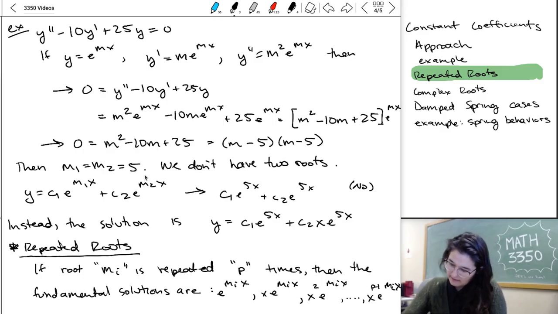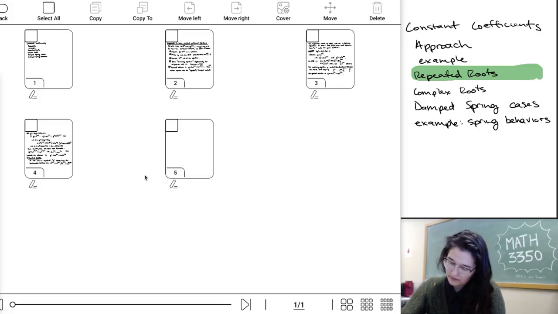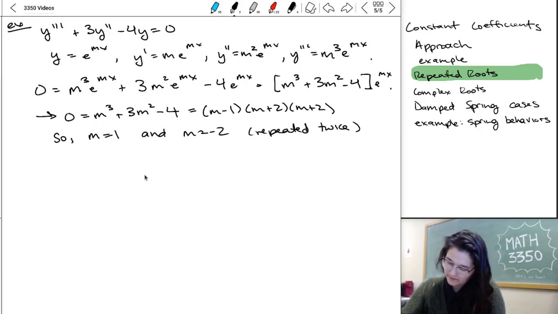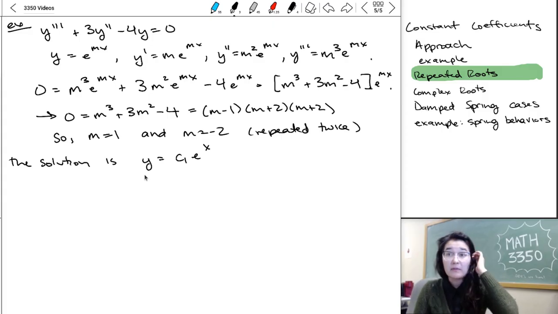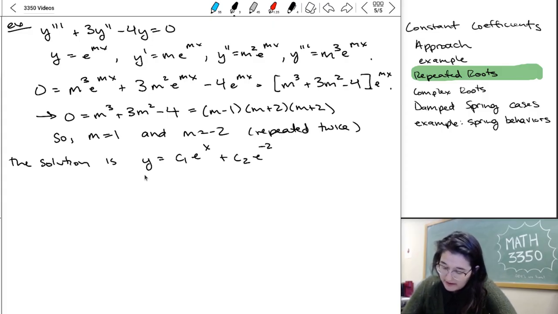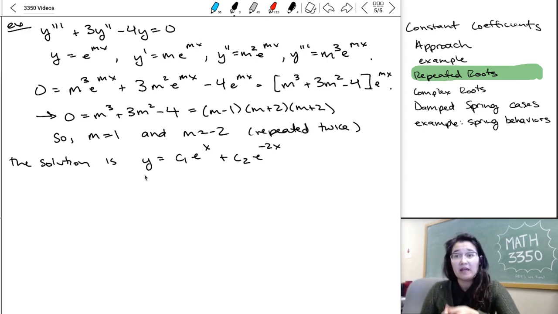So in this case, the solution is y equal to c1 e to x from m1, plus c2 e to minus 2x from that first case of m equals minus 2.